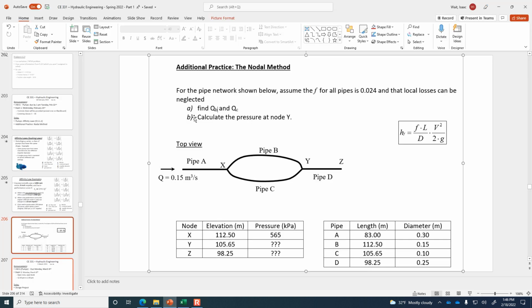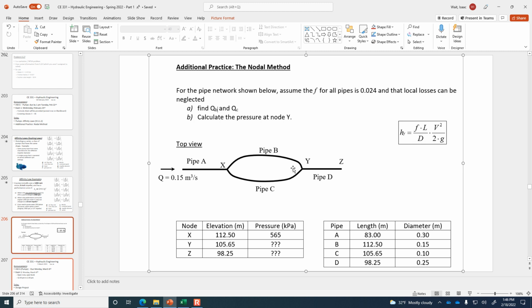The second part of this question was to find what's the pressure at node Y. So we know the pressure at X, and then there's also an elevation change happening. Node Y is lower.